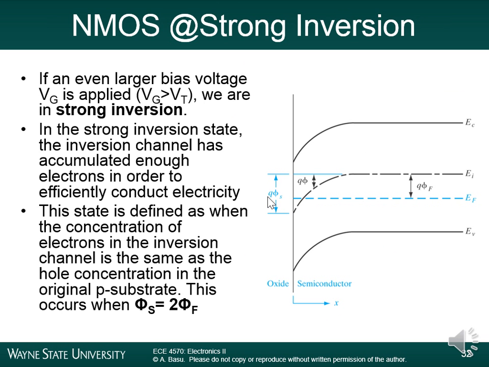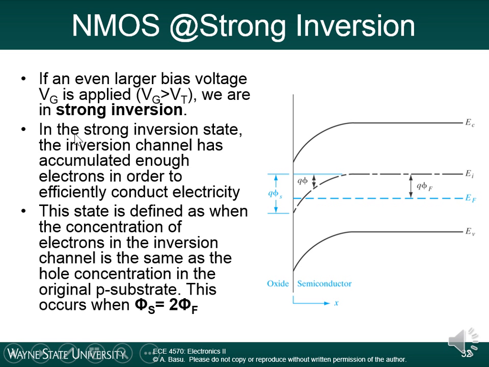And so the first thing we have to do here is define what strong inversion is. The voltage that's required to put the MOSFET into strong inversion, that is the threshold voltage. So how much inversion do we need to have what's called strong inversion? That's what this diagram here is showing.